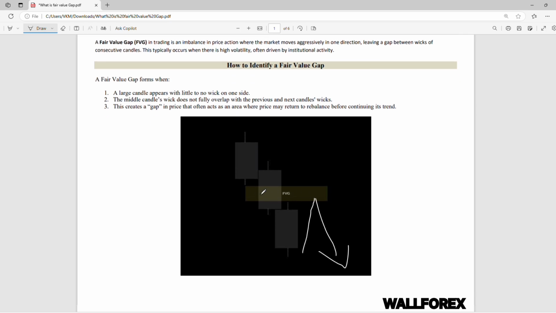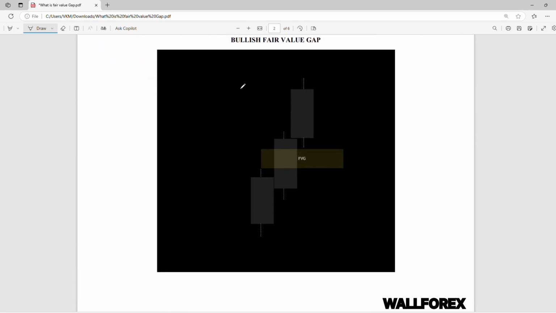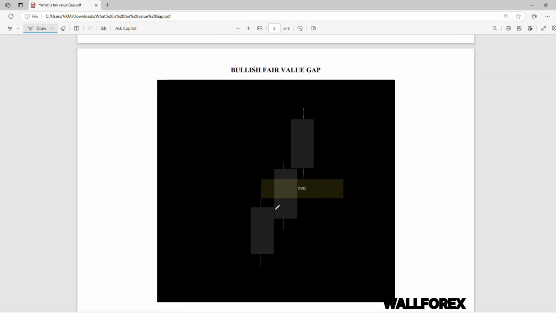And we can look at what a bullish fair value gap is. As I said, a three-candle formation creating a huge gap around the middle candle, which basically means if you want to buy in a bullish trend, do not buy from here. Buy from here, from this FVG.